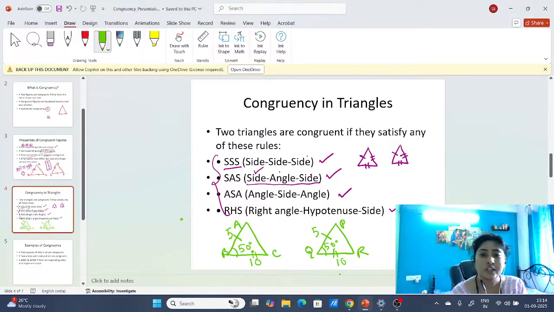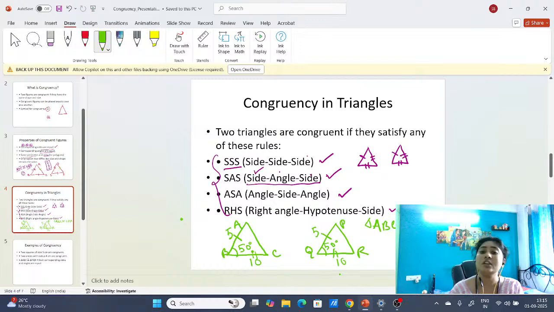So I can write here, make sure you are writing in the same order. We cannot change the order. Again and again I will remind this. So triangle ABC will be congruent to triangle PQR. Just check if the order is maintained or not.